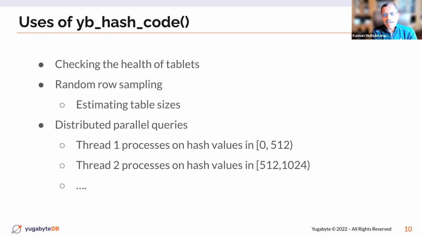Maybe it lands on one tablet, maybe two or three. But the good part is you're going after that small subset of data across your whole table. If you think it's landing on too many tablets, you can make it smaller, like 0 to 256. It's more a matter of deciding how many subtasks you want to break your 0 to 64K space into when you're writing a parallel query job, or trying to sample some portion of data.